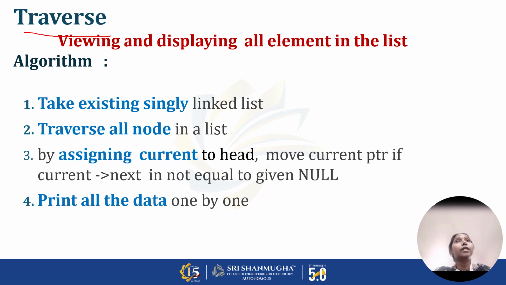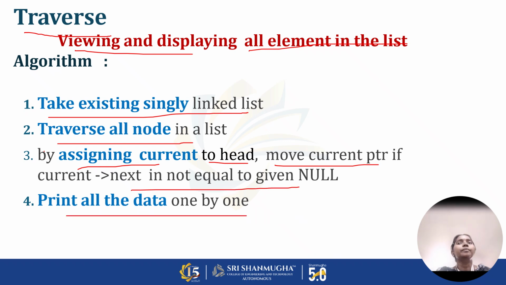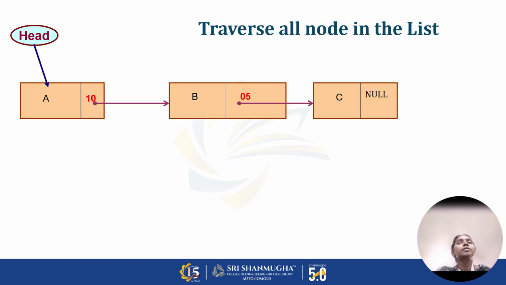Finally, traverse. These are three operations: deleting a node, finding a node, and traversing. So we display all the elements in the list. That is, first as usual take an existing single list and traverse all the nodes in the list by assigning current to head. Move the current pointer while current is not equal to null. So print all the data one by one. And this traverses all the nodes in a list. That means this is the head.